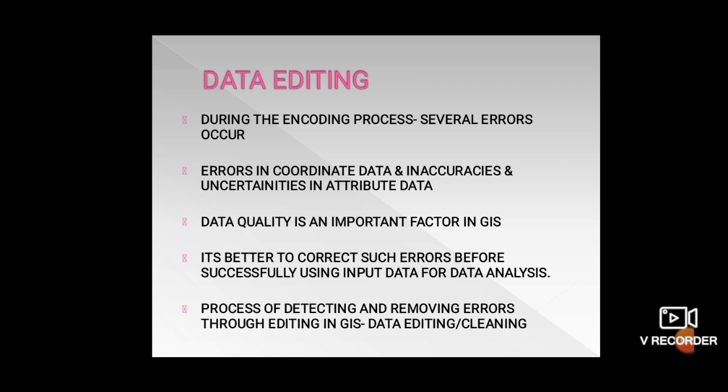Hence, before using the methods of data analysis, it is better to correct these errors before they contaminate the entire GIS dataset. This process of detecting and removing errors through editing is termed data editing or data cleaning.